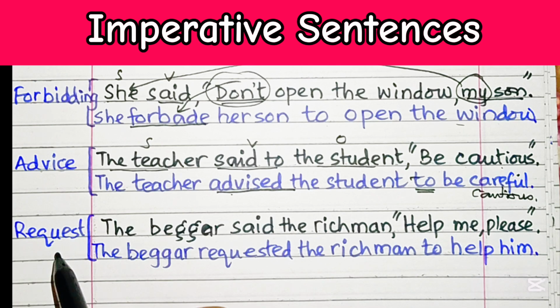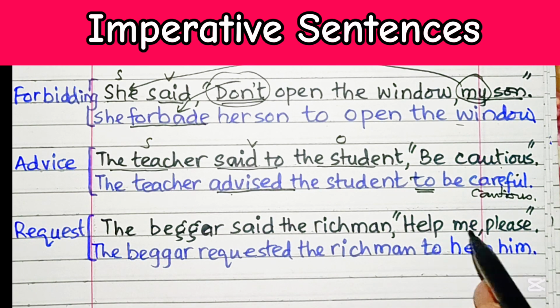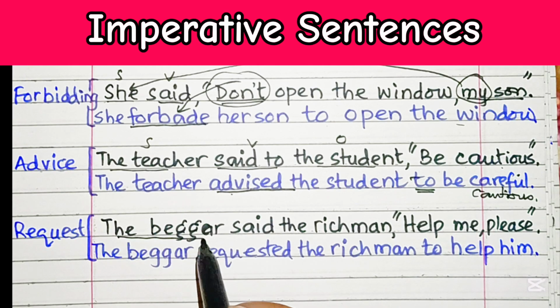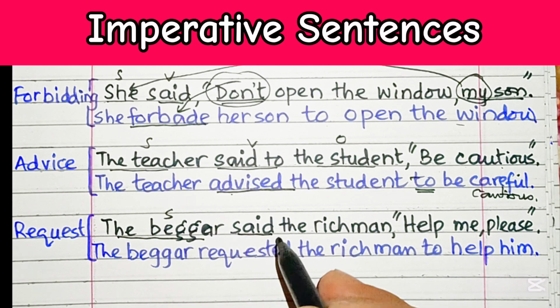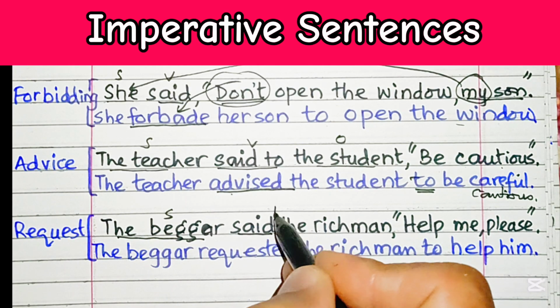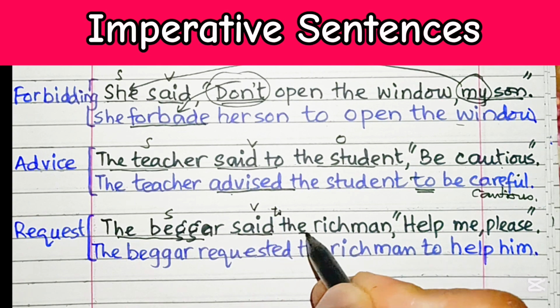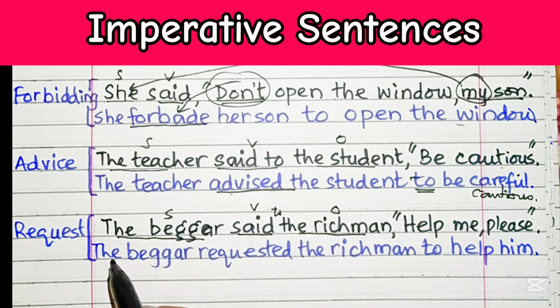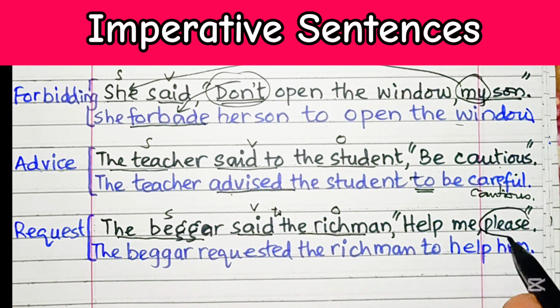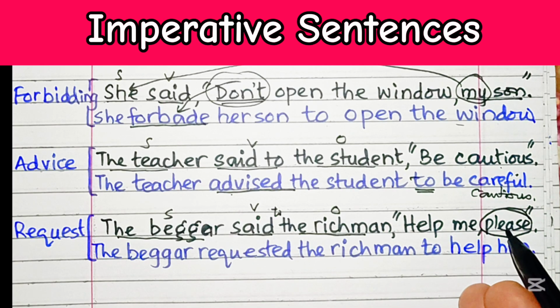And the last one is a request. The beggar said to the rich man, "Help me please." Over here, beggar is the subject, and said, we may write to over here, this is the verb, and the rich man is the object. So the beggar is actually asking for help, and the word please is telling us that there is some request.